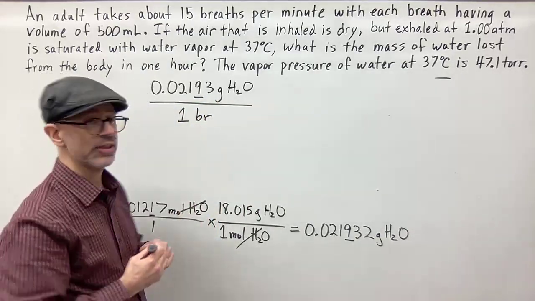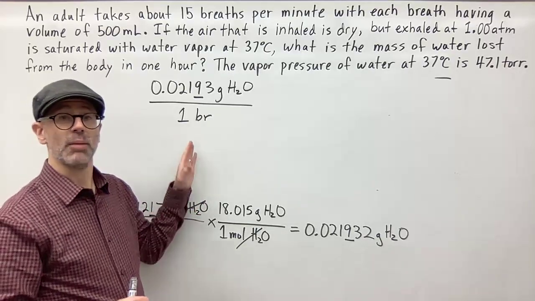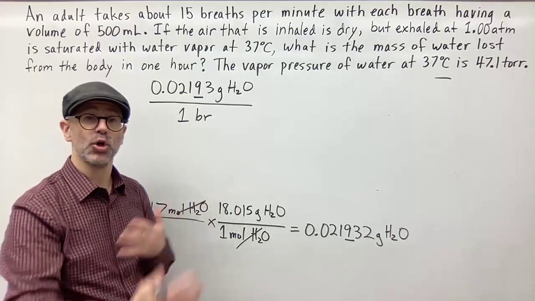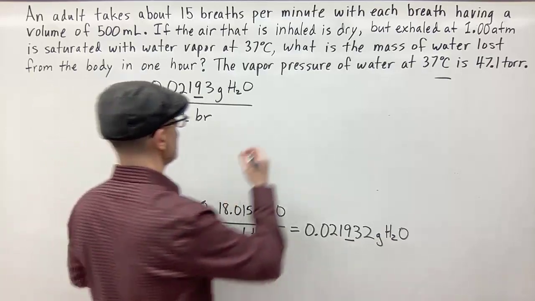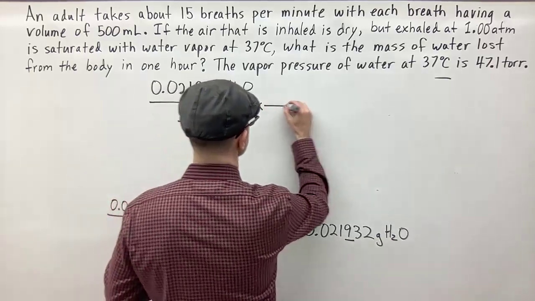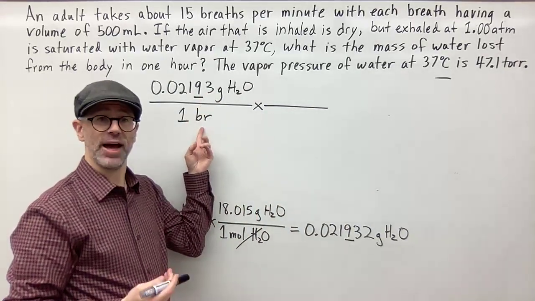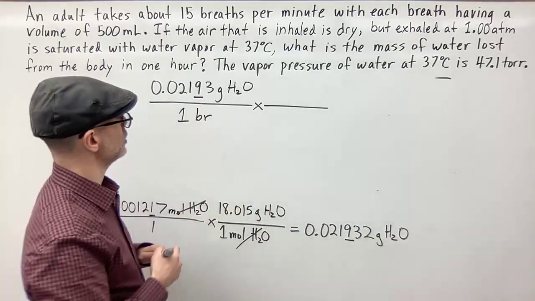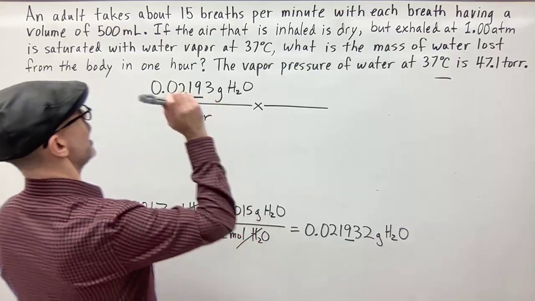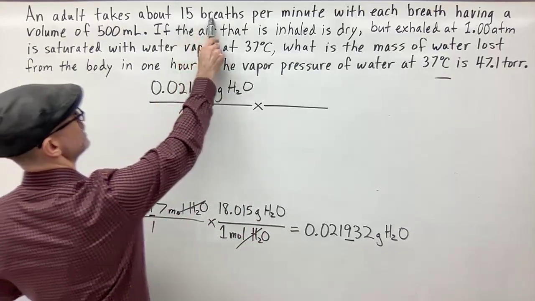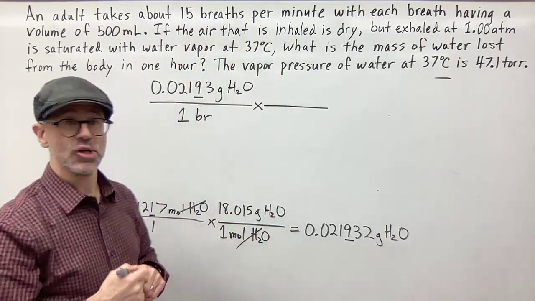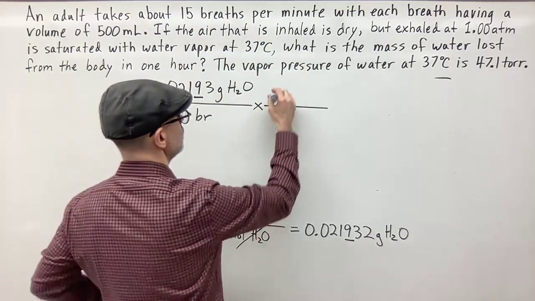Now I want to convert this into number of grams that is lost per 1 hour. So now I have grams on top. I need to convert breath to hour, right? So I know that there are 15 breaths per minute, so I can use that to convert to time.